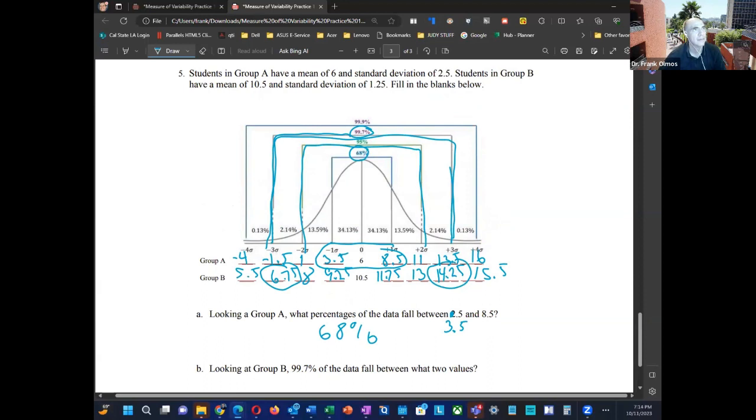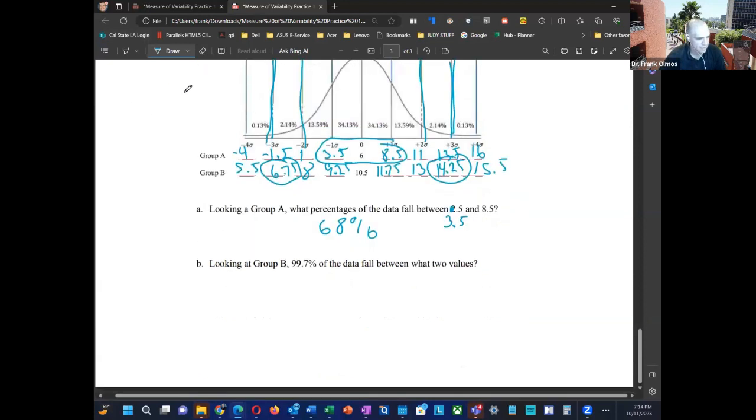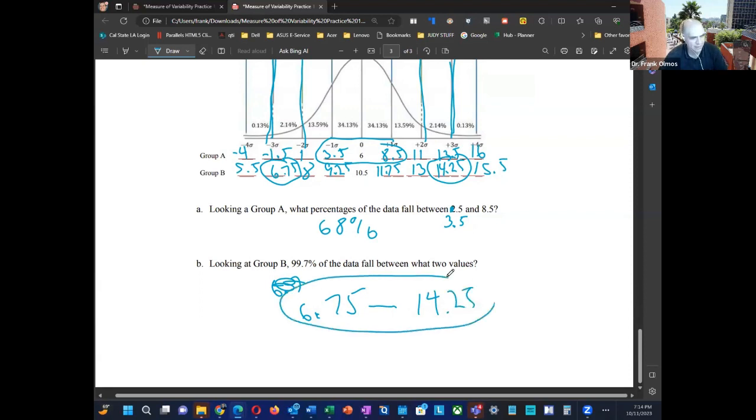Let's see. 6.75 to 14.25. All right, just want to make sure. I look up because I want to make sure I'm telling you the right answer. Sometimes I get so distracted.